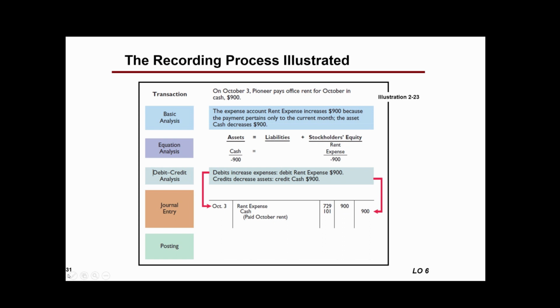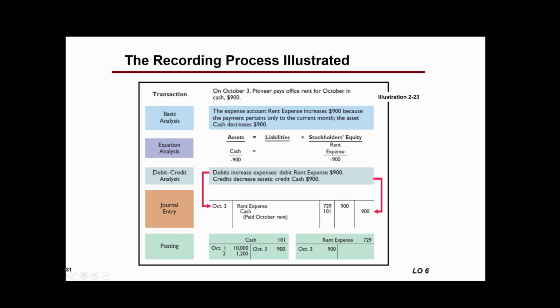Then we have to post it to the account, right? So in this case, if you want to calculate at this point the balance in cash, what's the balance in cash? The way to calculate the balance for any account, you get the total debits and the total credits for that account, and you subtract them from each other.